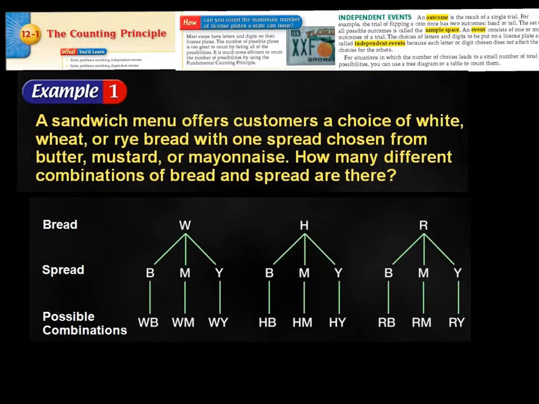If we look at it as a tree diagram, they listed the choices of bread as white, wheat, or rye, and then butter, mustard, or mayonnaise. And so here are our possible combinations, and it looks like we have 9 of them.